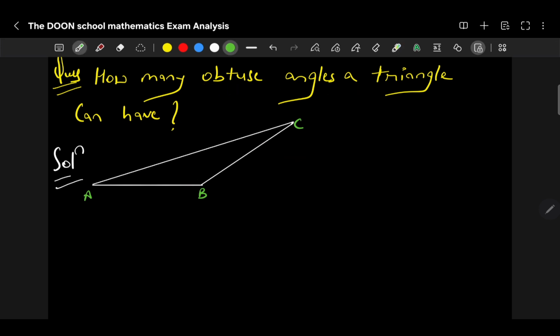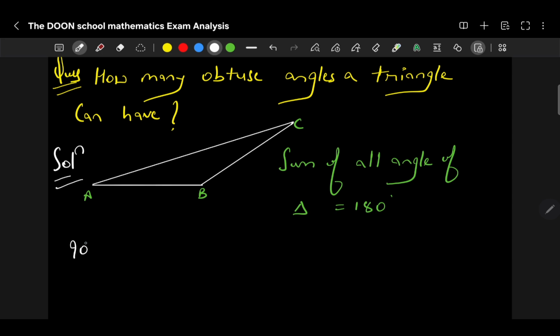We already know that the sum of all angles of a triangle is always equal to 180 degrees. Let's take any two obtuse angles, say 91 degrees and 91 degrees. If I add these two, the sum is 182 degrees.